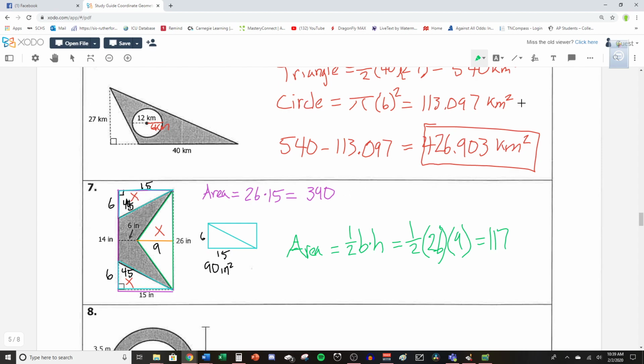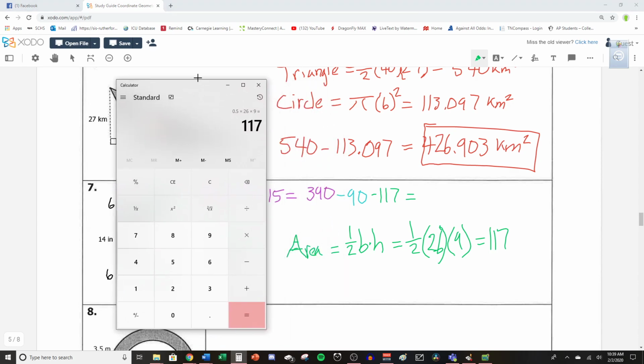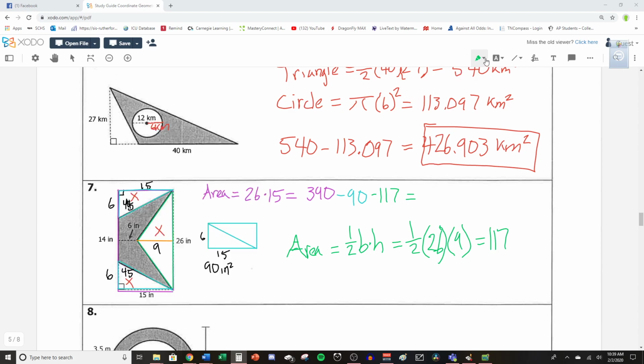So I'm going to say minus 90. Then I'm going to take away the 117. And we get our final area. So let's start with 390 minus 90 minus 117. So 183 is the shape of our gray area.